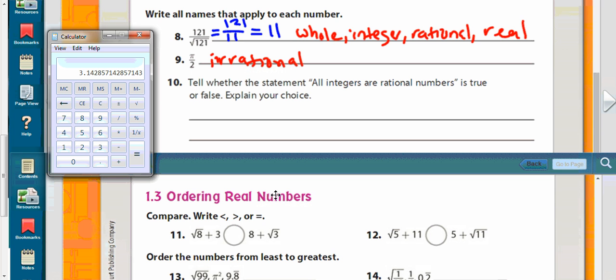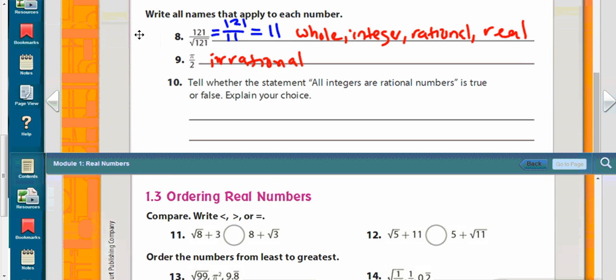So number 10, tell whether the statement "all integers are rational numbers" is true or false. We've been talking about this throughout the review. So all integers are rational numbers. Is this true or false? Well, let's go back to the diagram.